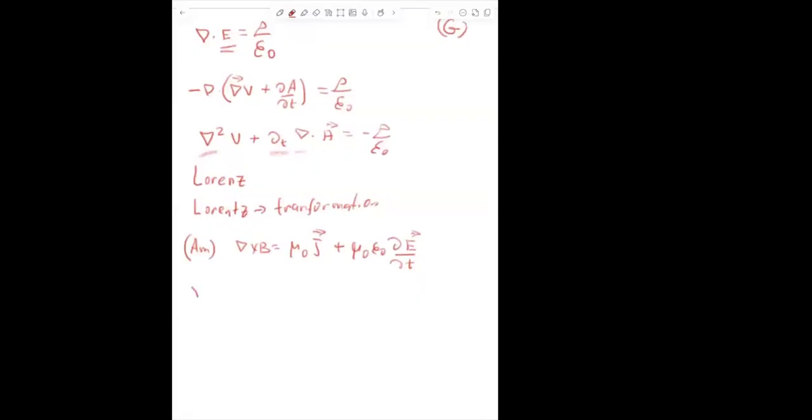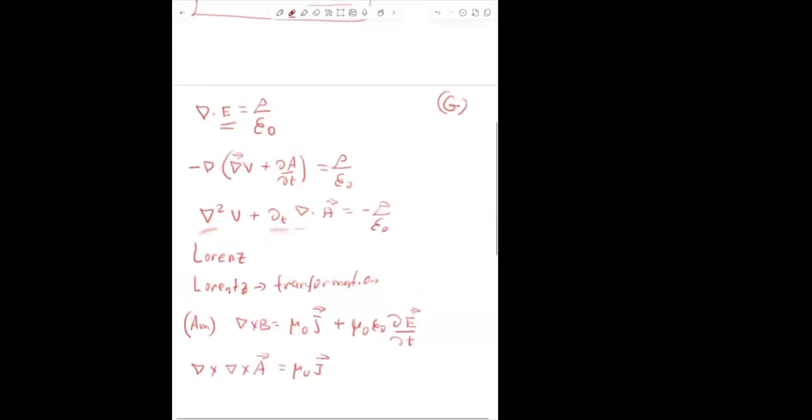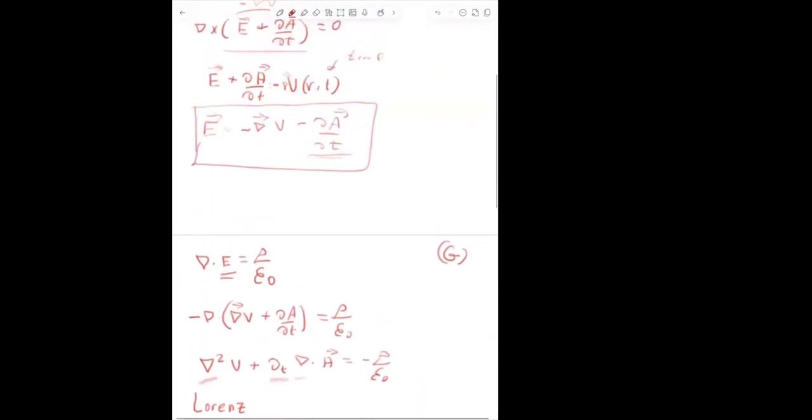So I can write this Ampere equation with the vector potential. Here I just change the B with the curl of A, and as usual I'm just copying plus mu0 J. Now I'm going to use the definition of the E, which is up here.